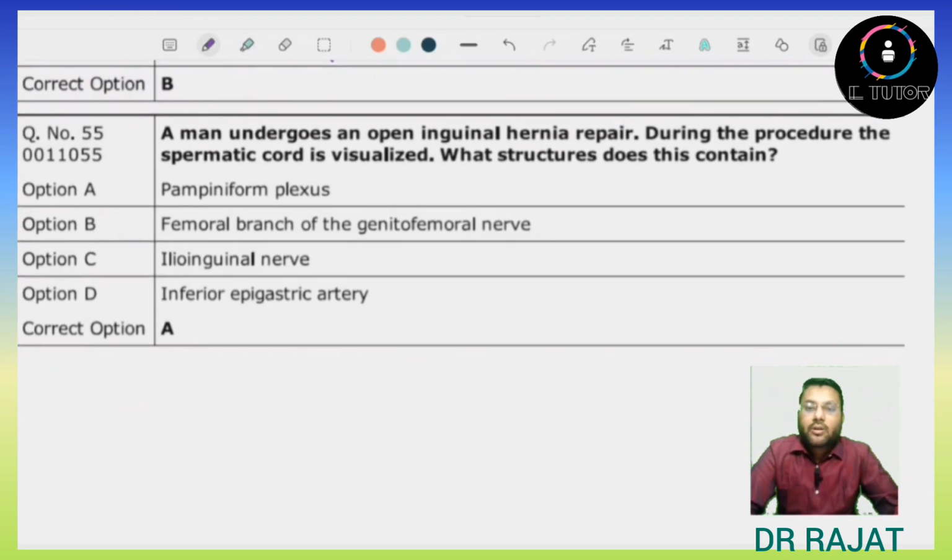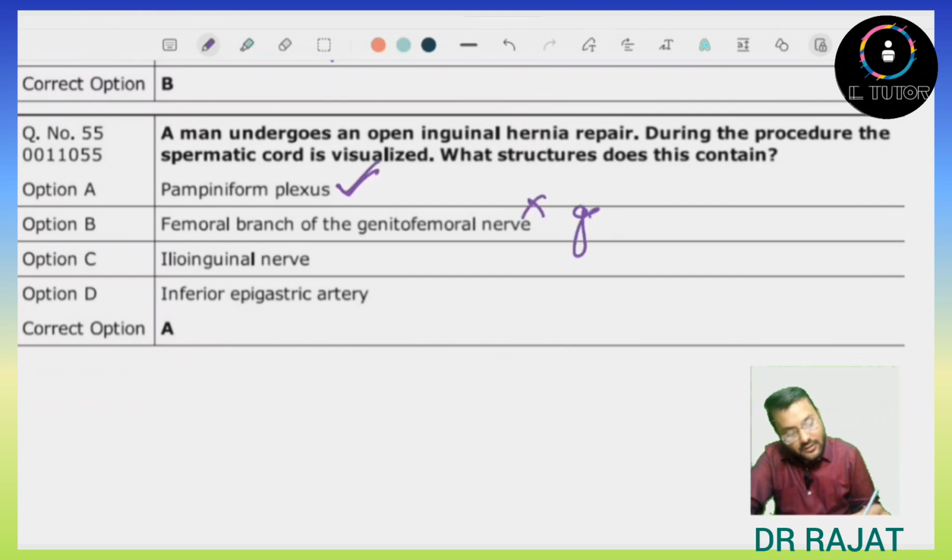A man underwent an open inguinal hernial repair. During the procedure, spermatic cord is visualized. So what structure does this contain? So they are asking about the contents of spermatic cord. So pampiniform plexus is present. This is true. Femoral branch of genitofemoral nerve. No. Genital branch is present.